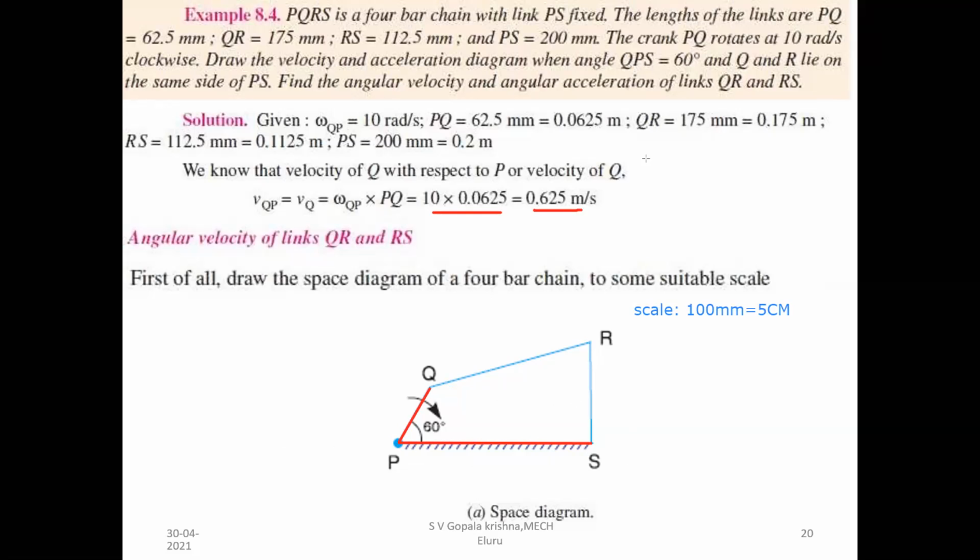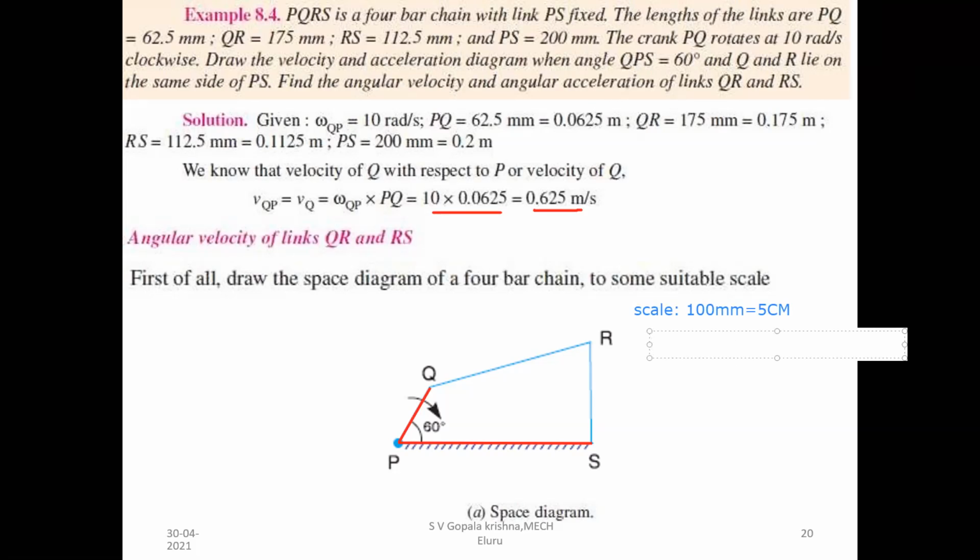Later the QR value is there. QR is 175. So how many centimeters is that? 175, and again you will make the calculation. So that is how to take the value.